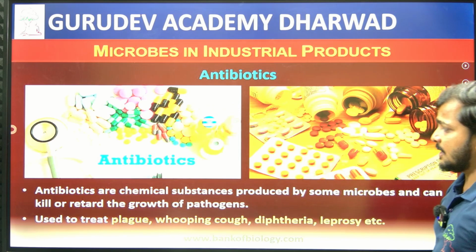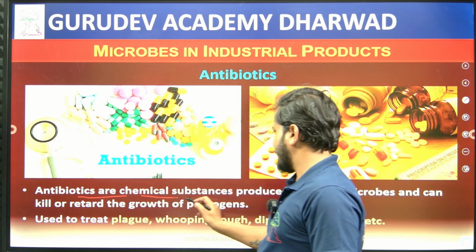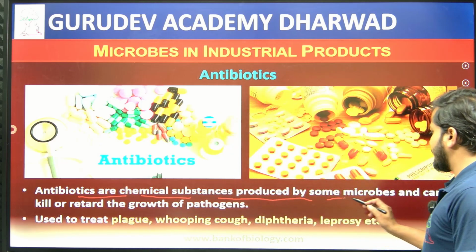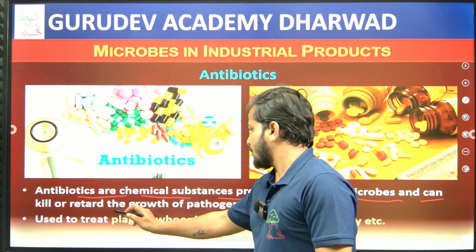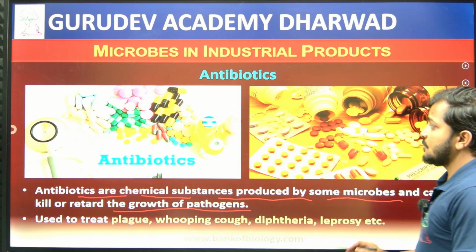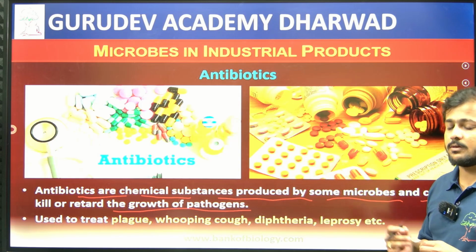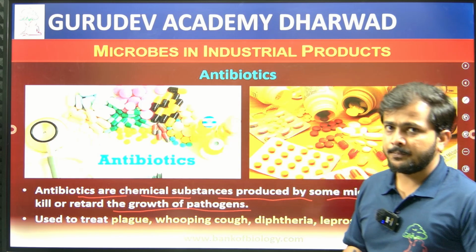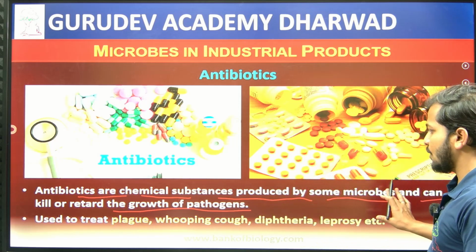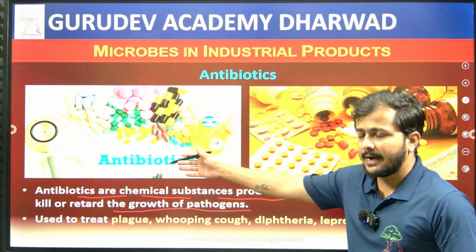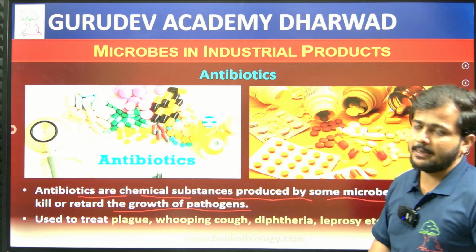Then there is the production of antibiotics, right? Antibiotics are chemical substances produced by some microbes that can kill or retard the growth of pathogens. In Hindi we have a saying, "loha lohai koi kaatta hai" (iron cuts iron). It means that in the same way, we use microbes for the production of different antibiotics to treat pathogens.